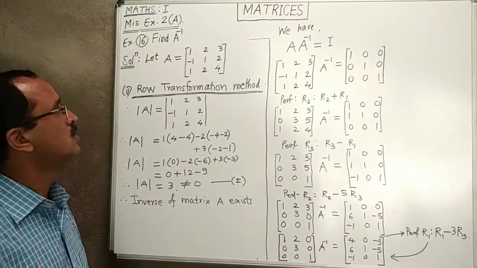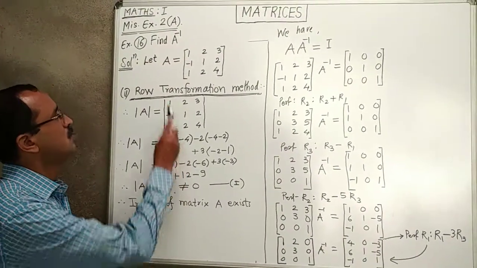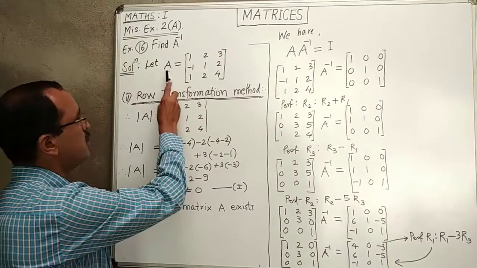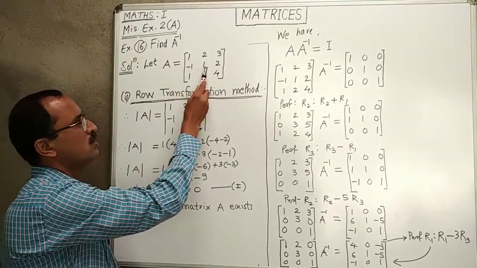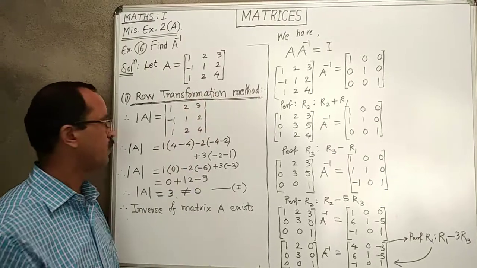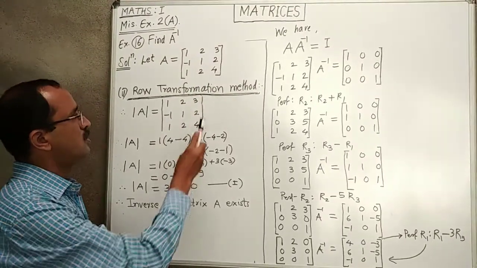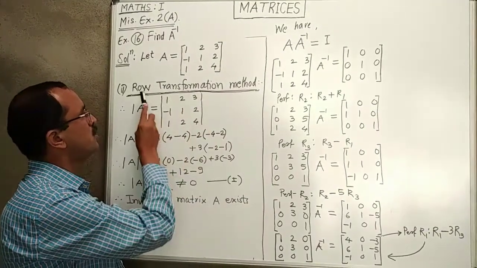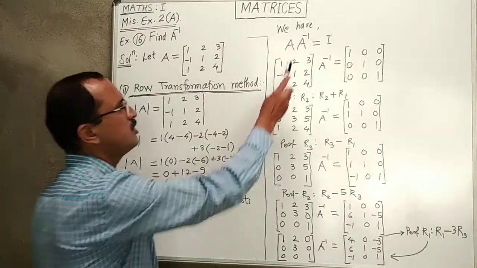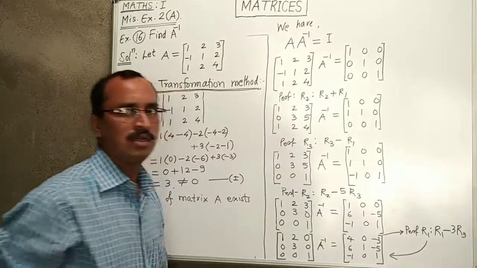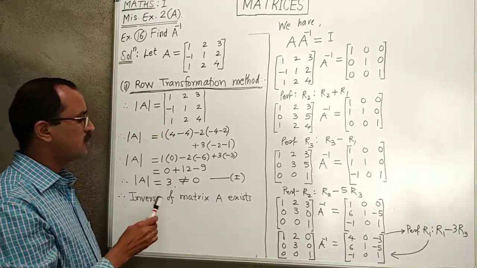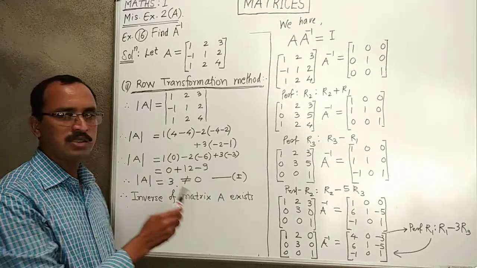Now we solve the same example by using the row transformation method. Matrix A is equal to 1, 2, 3, minus 1, 1, 2, 1, 2, 4. To find the inverse by the row transformation method, the formula is A inverse is equal to I. But first of all, we check whether the inverse exists or not.